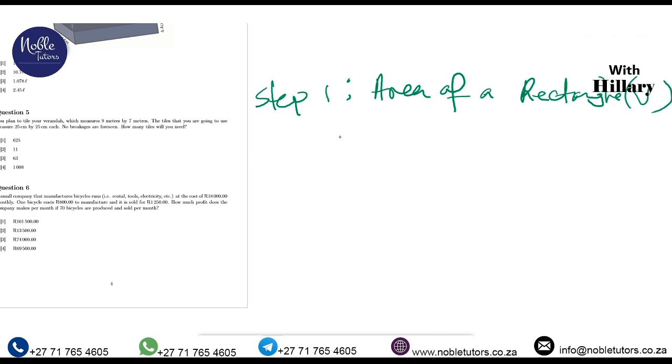So that area will be length times width, which is 9 times 7. That means our area will be 63 square meters. Remember, it's in meters, square meters.